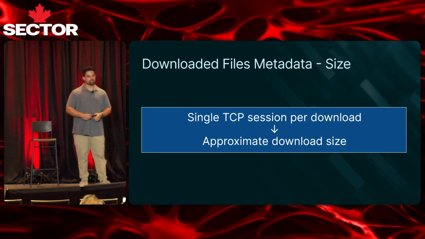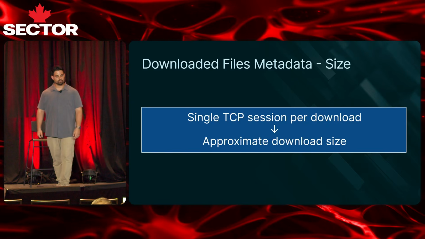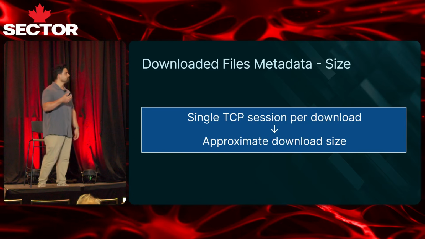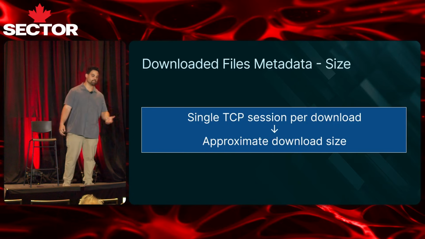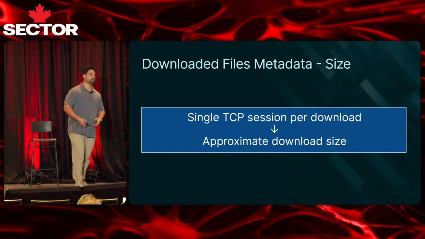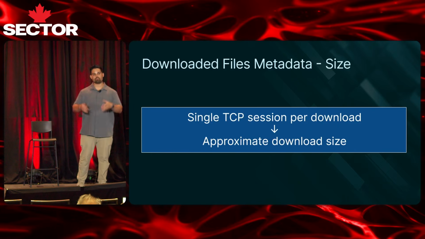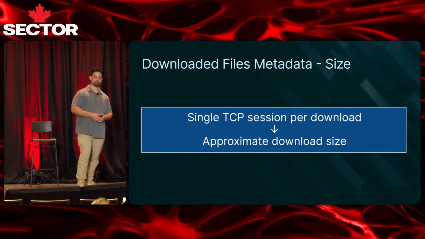The second element present as part of the metadata of an HTTPS session is the approximate download size. So files are usually downloaded over HTTPS in one TCP session. It is indeed true that encryption might add some random padding, but the approximate size of the download still stays relatively the same.